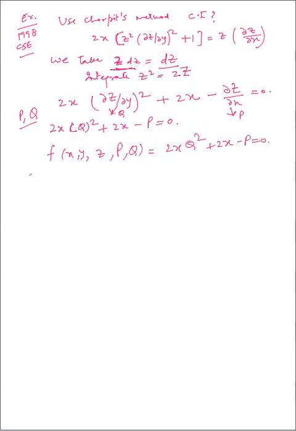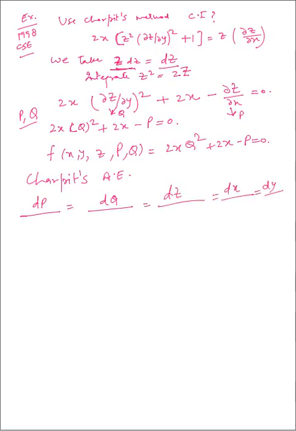We write Charpit's auxiliary equation: dp upon fx plus p fz is equal to dq upon fy plus q fz is equal to dz upon minus p fp minus q fq is equal to dx upon minus fp is equal to dy upon minus fq.